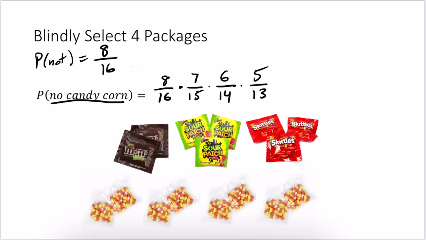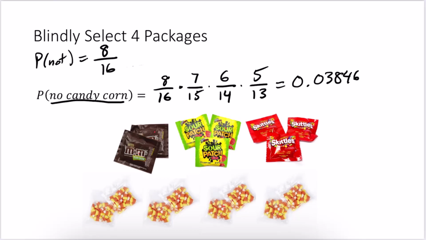And when I multiply all of those numbers together and divide, that would end up equaling the probability of blindly selecting 4 packages and getting no candy corn. When I multiply those out, the decimal that I end up with as my answer is 0.03846, etc. So it's about 3 or 4% likely that I would blindly select 4 packages and not get any candy corn.